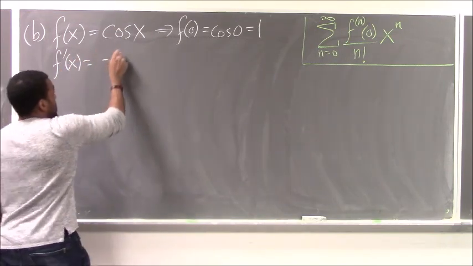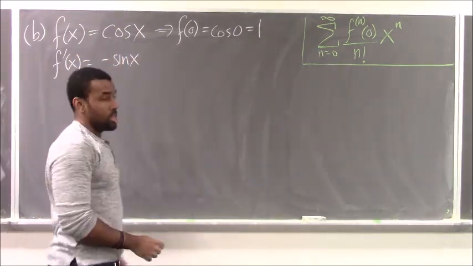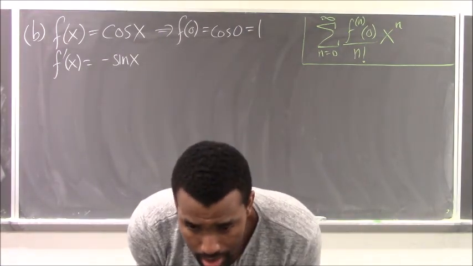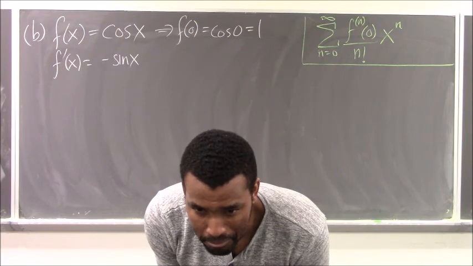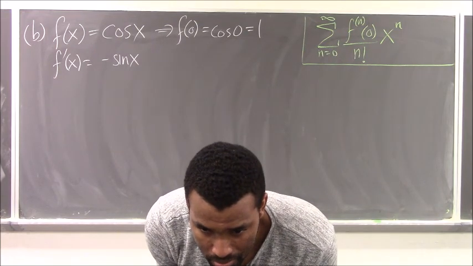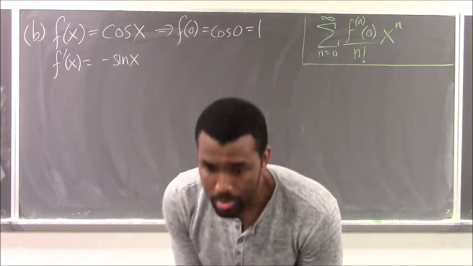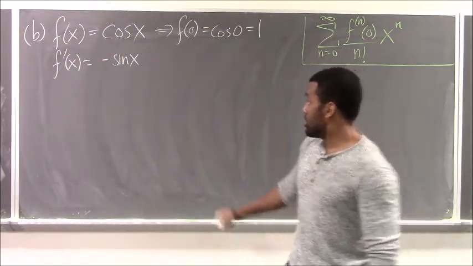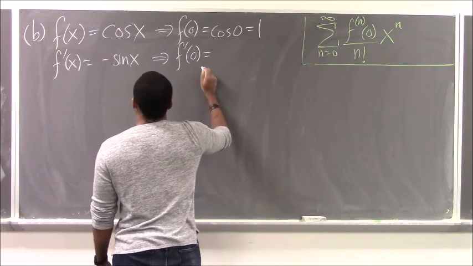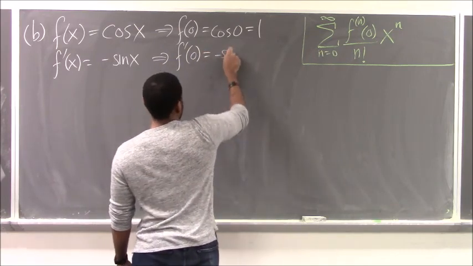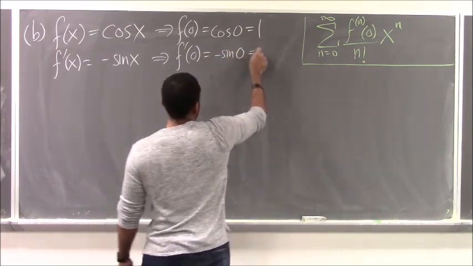Derivative of cosine is minus sine. Then you evaluate it at 0. So you would have f prime at 0. And so that's just minus sine of 0. Sine of 0 is 0.